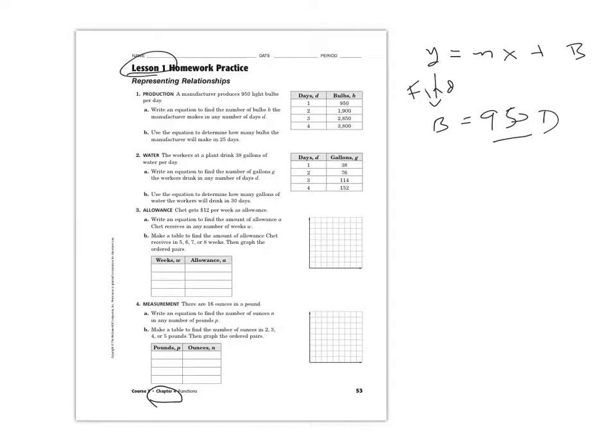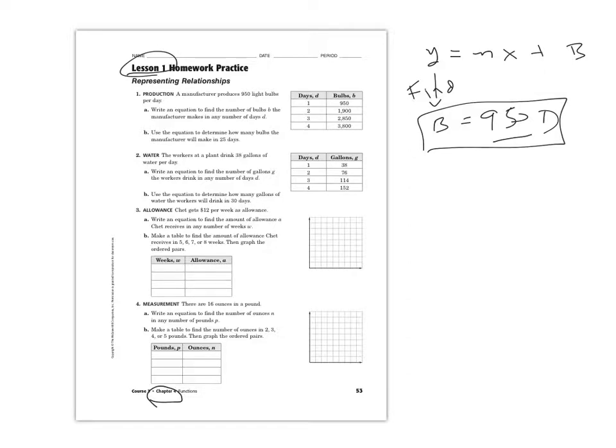So if we produce bulbs for one day, then we're going to do 1 times 950. So the bulbs that we would have would be 950 times 1. That's the first equation that we have here: we want bulbs to equal 950 per day.